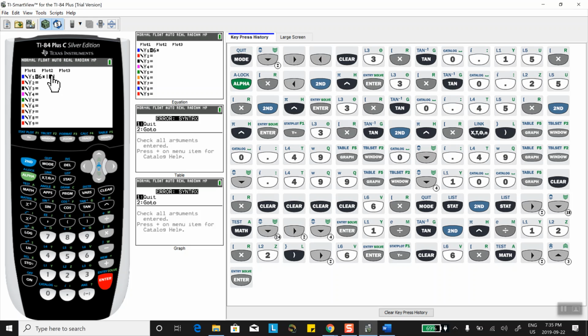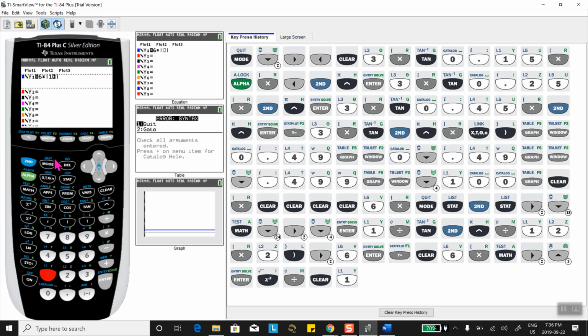Okay. So it was 1 divided by tangent, and it was pi over 12 times your variable x.